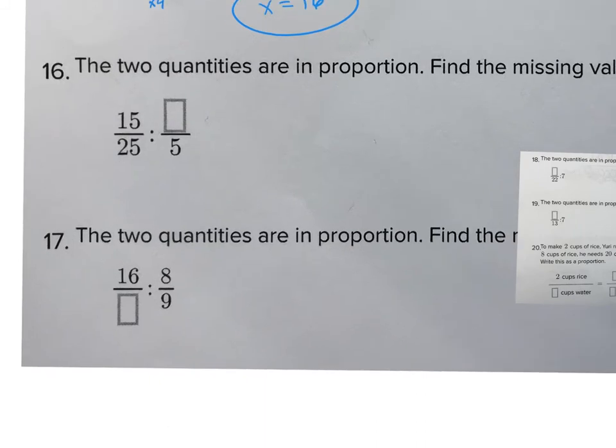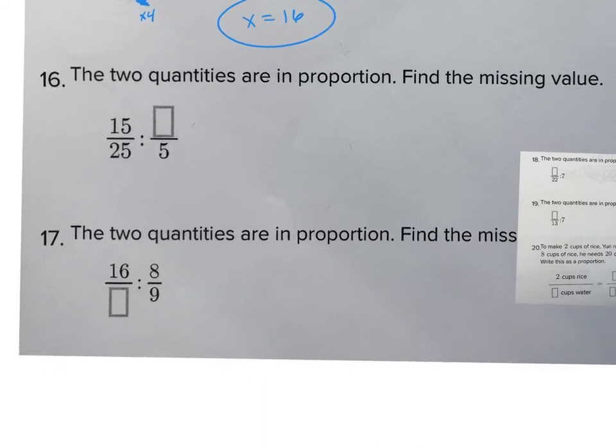All right. These two quantities are in proportion. Find the missing value. Again, you could either cross multiply or you can look at it and go, oh, 25 divided by 5 gave me 5, so 15 divided by 5 is 3. The answer is 3. Is that showing your work? Yes, this is showing your work if you do this part here. 16 over what is the same as 8 over 9?